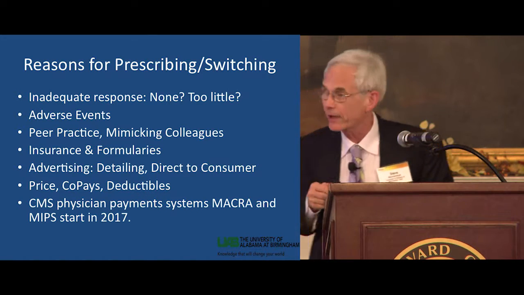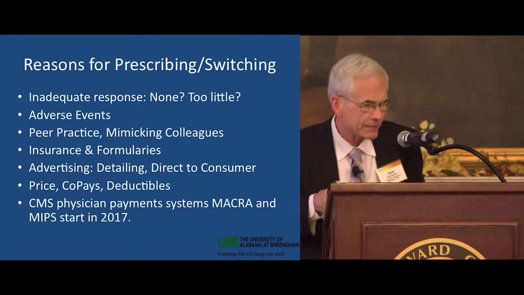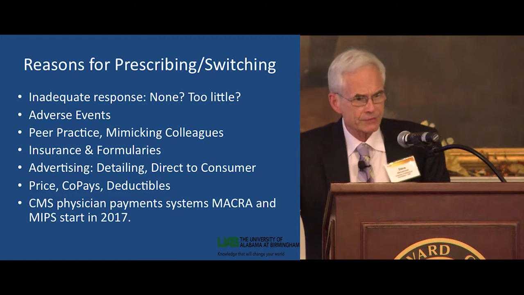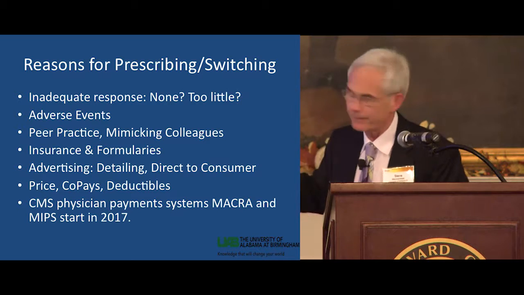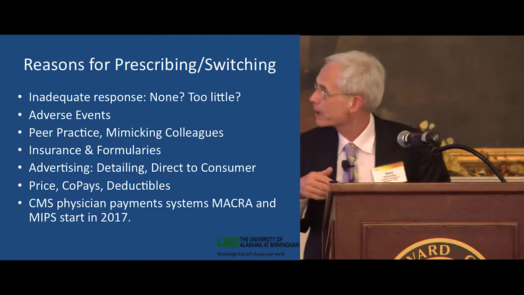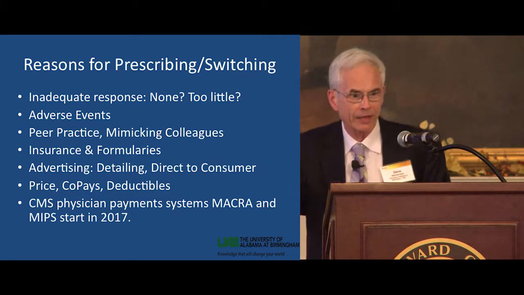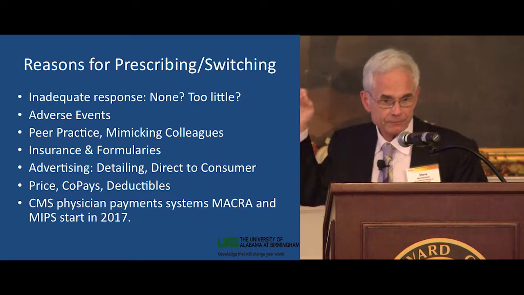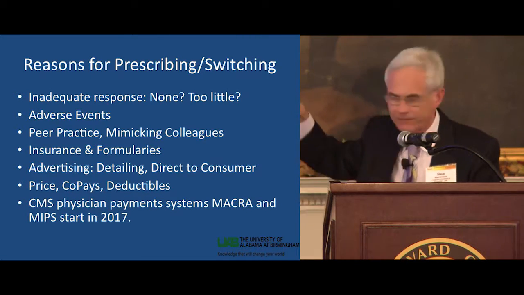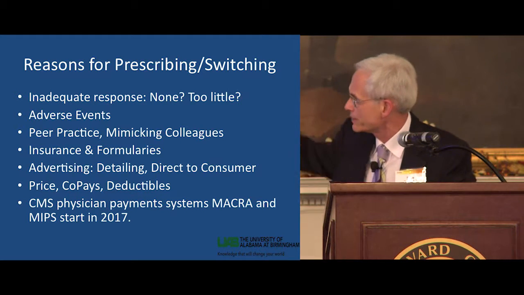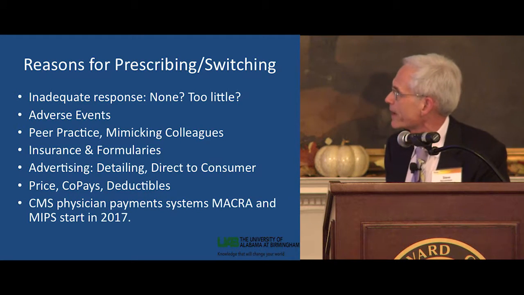Those things are at work there. And so we use methods, propensity scores or instrumental variables are the two techniques that we like to play with in econometrics to try to sort all that out. And I think that's really an important strength of a registry, that you can figure out all that stuff. Insurance and formularies, of course, are going to affect things.